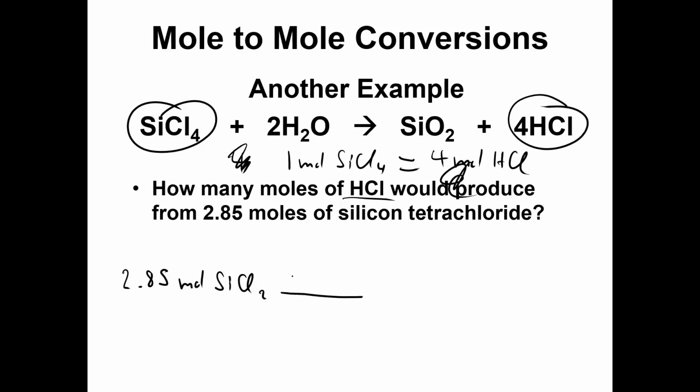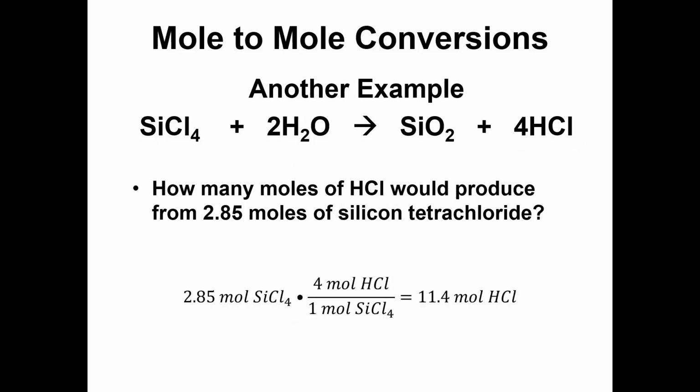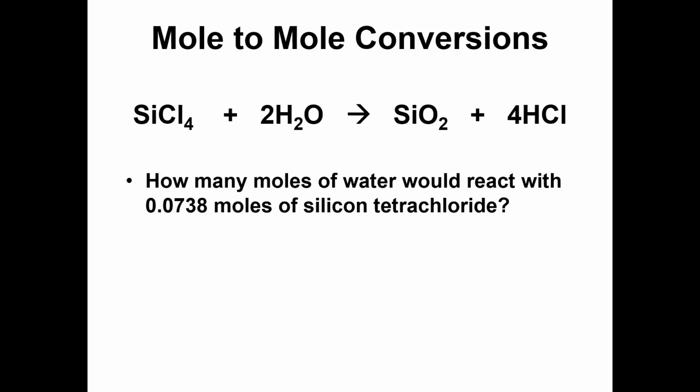And so I just plug that in here. 4 moles of HCl divided by 1 mole of SiCl4 equals 11.4 moles of HCl. Alright, it's just going to boil down to practicing that a little bit. This is just cleaner here than what I just did on the board or here on the slide.